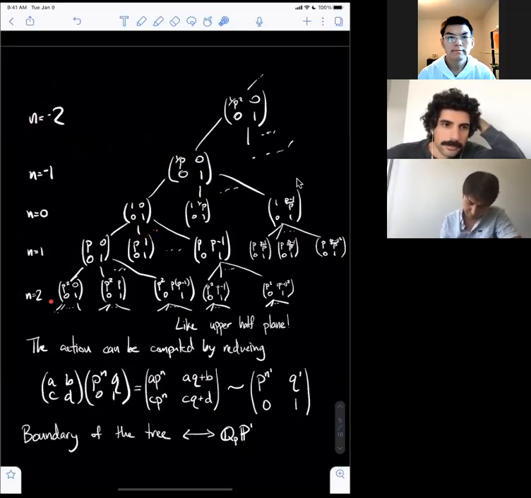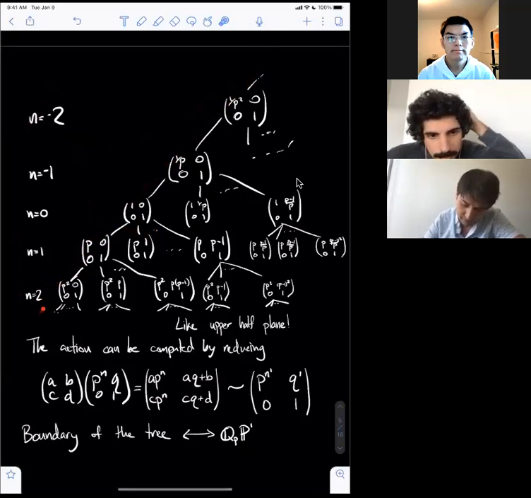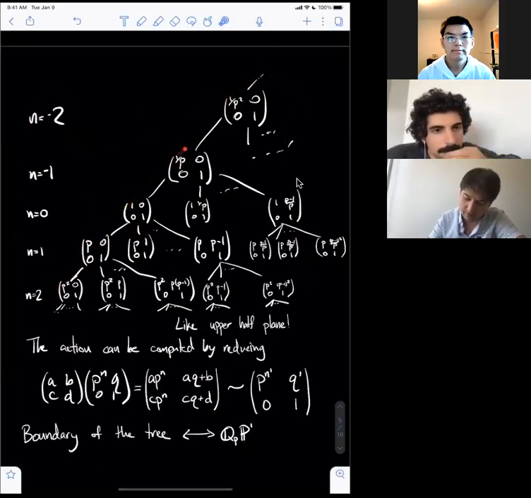And there's kind of this nice axis here that just consists of p to the n, 0, 0, 1 matrices. And so you can go up, up, up, and then start going down, or you can go up forever, and you'll reach sort of, maybe a point at infinity up here.